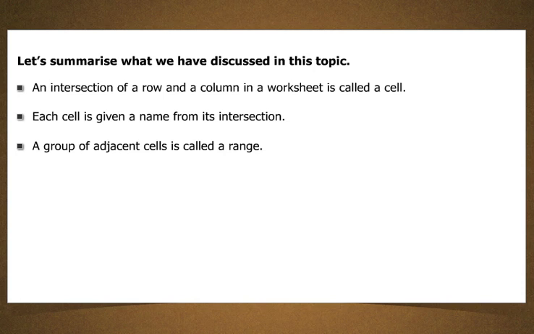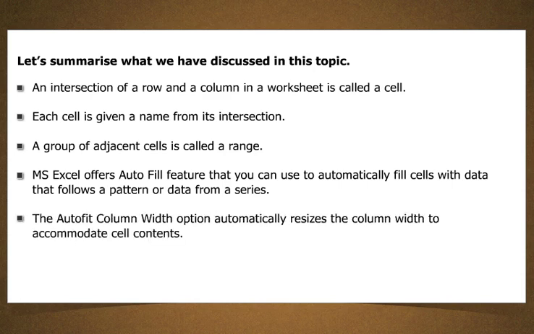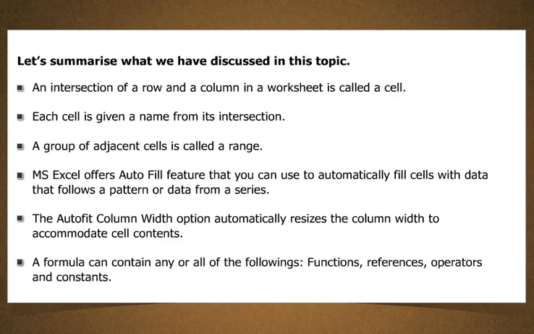MS Excel offers autofill features that you can use to automatically fill cells with data that follows a pattern or data from a series. The AutoFit Column Width option automatically resizes the column width to accommodate cell contents. A formula can contain any or all of the following: functions, references, operators, and constants.